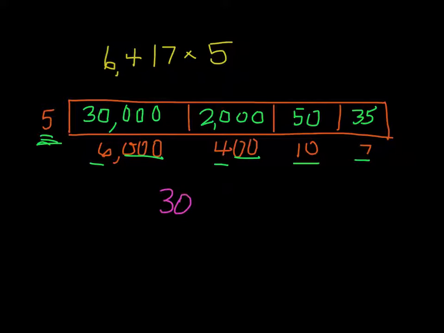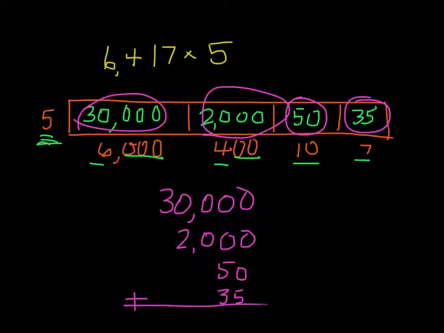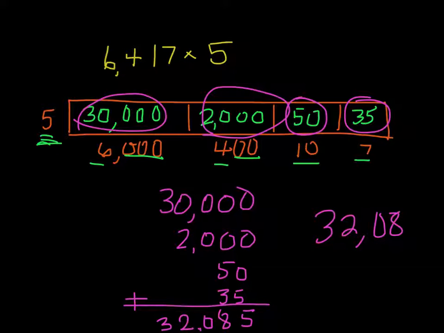So only the things that are inside the boxes. 30,000, 2,000, 50, and 35. When I add those together, I get my final product of 32,085.